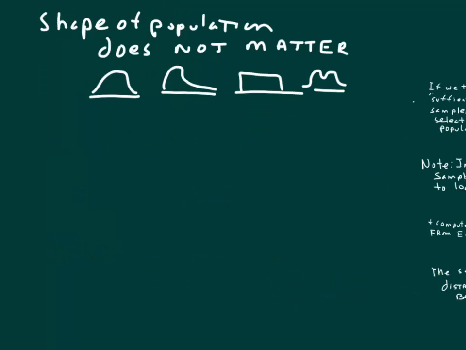So the central limit theorem: the shape of the population doesn't matter.